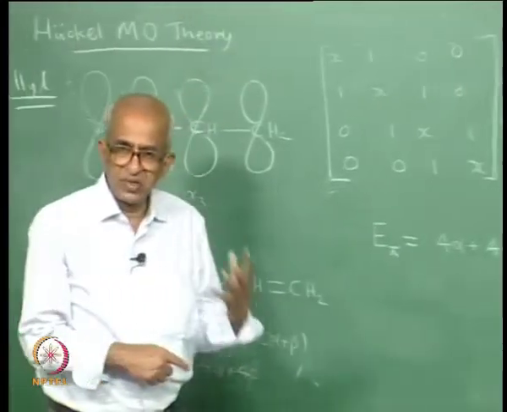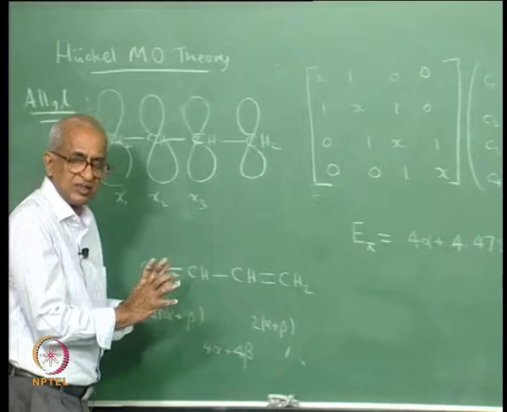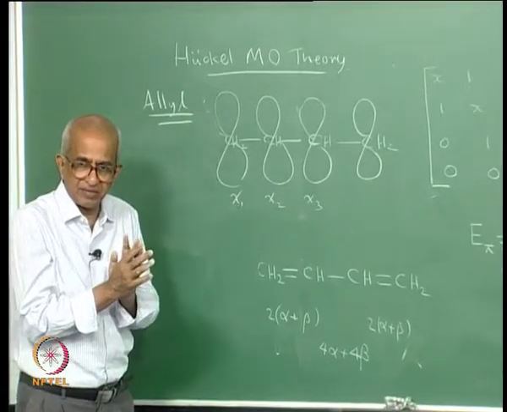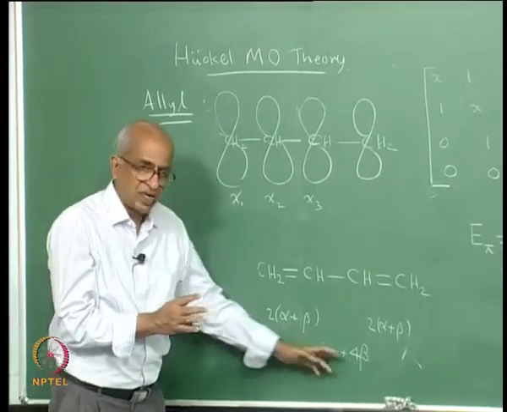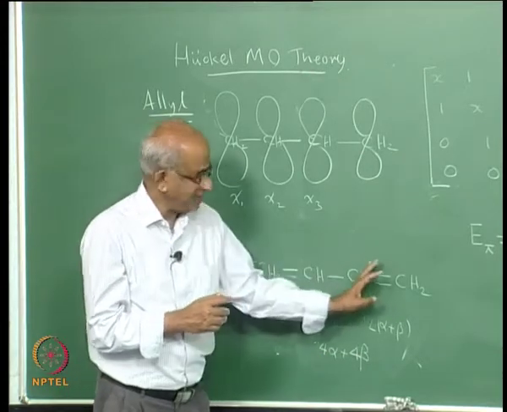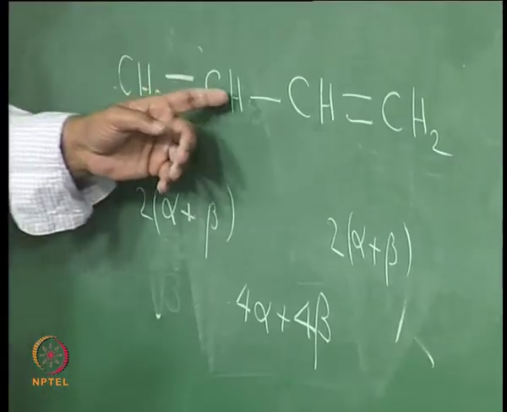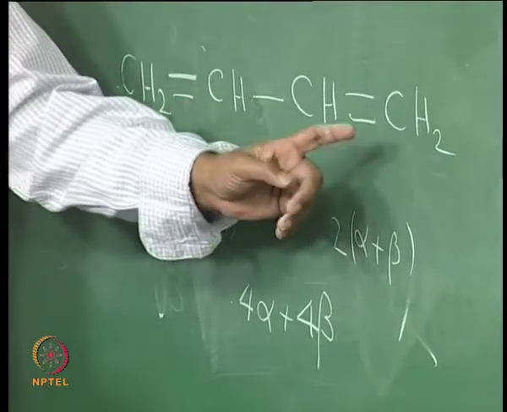Why is this happening? The reason is actually simple. If you had 2 separate ethene-like systems which were not interacting, then that would have been the energy. But what you actually have is not 2 separate ethene-like entities, but molecular orbitals. These molecular orbitals are actually delocalized over the entire system.